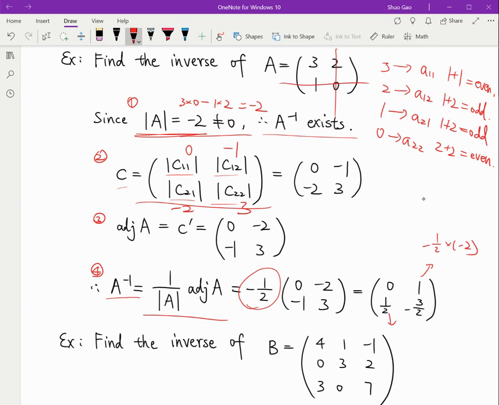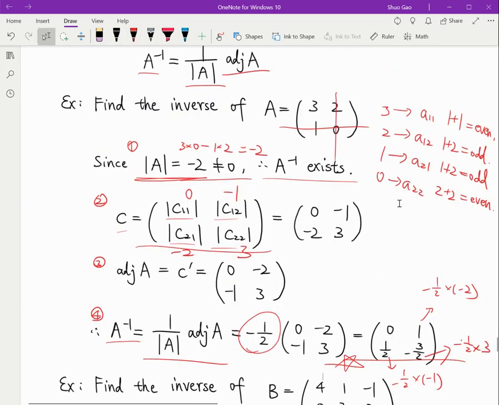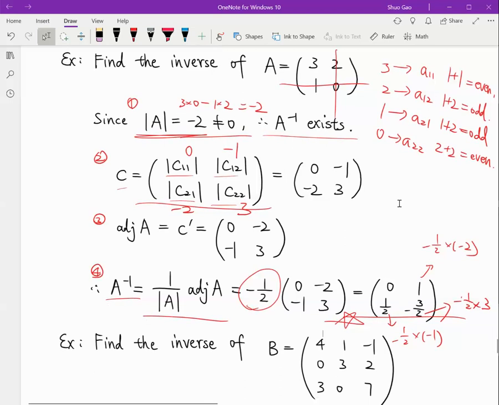This 1/2 is minus 1/2 times minus 1. So this is minus 1/2 times 3, right? So we find that the inverse of A is this matrix. So these are the 4 steps we need to do to find the inverse of A, if it exists.